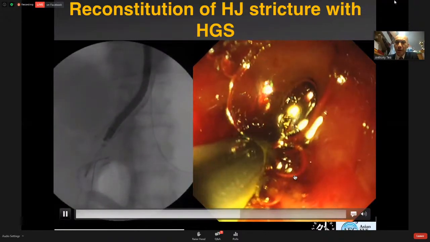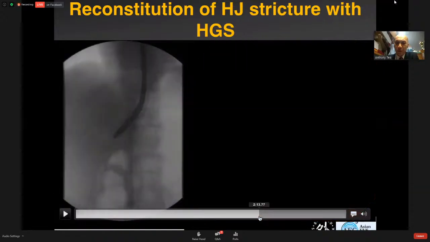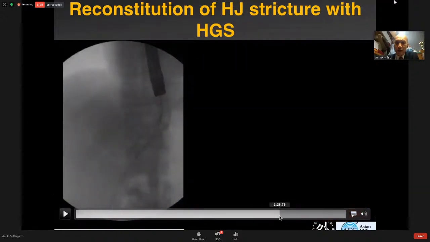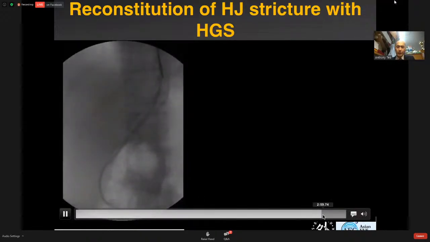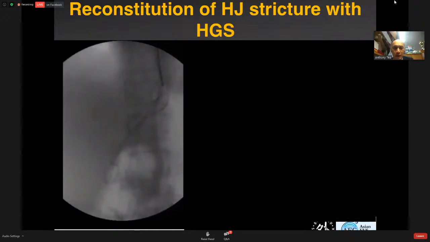Eventually the cystotome went in, and I dilated the tract and placed one double pigtail plastic stent. After a few sessions, the patient was dilated to around 8 millimeters. I placed 3 double pigtail plastic stents, and the patient after a year was stent free.